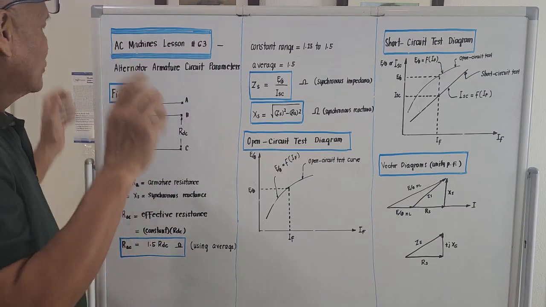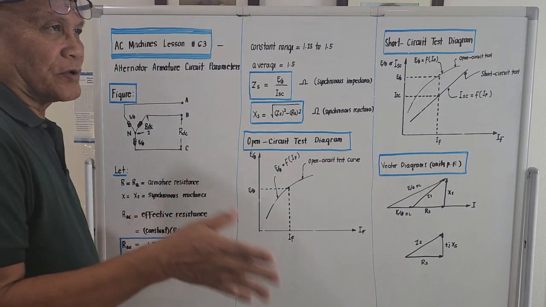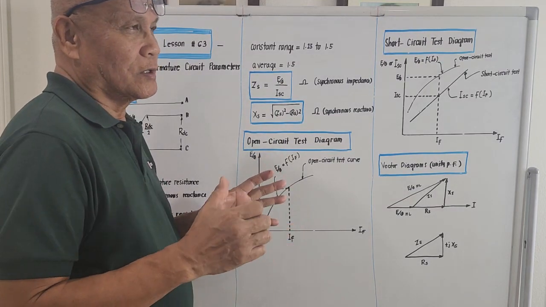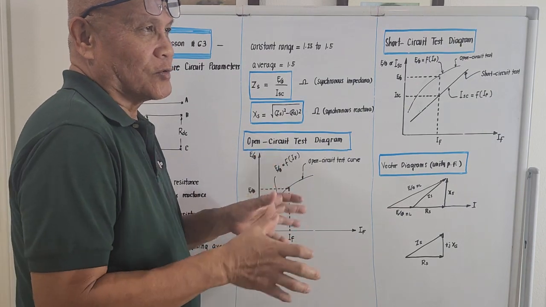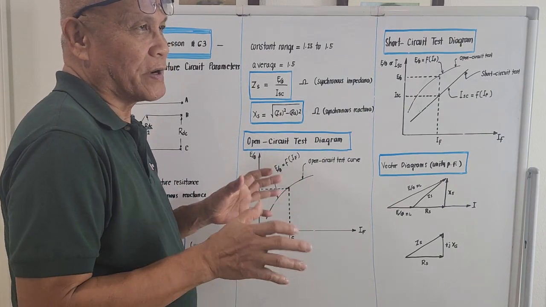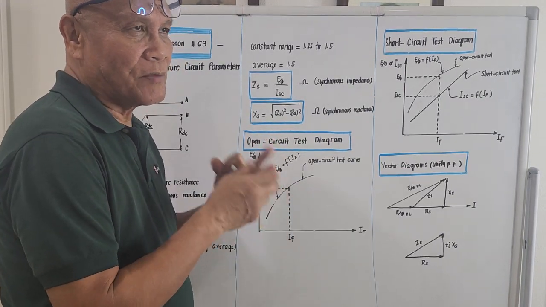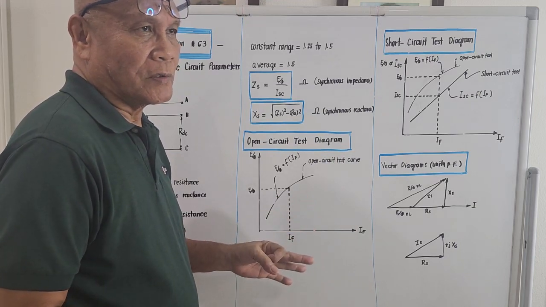Okay, let's continue. The concentration of the subject matter is not on the theory side. We discuss a little bit on the theory side, but the concentration is on how to bring out the armature resistance, reactance, and impedance, and the computation of the voltage regulation.